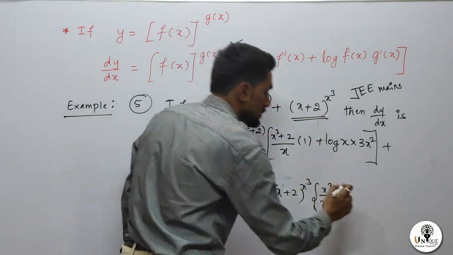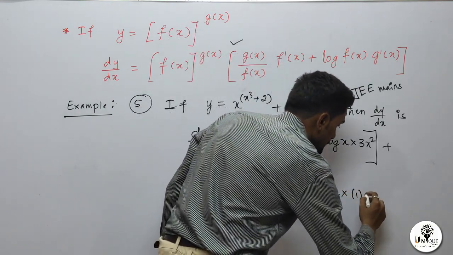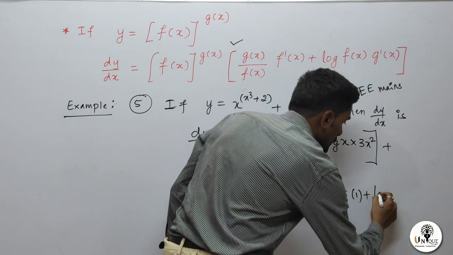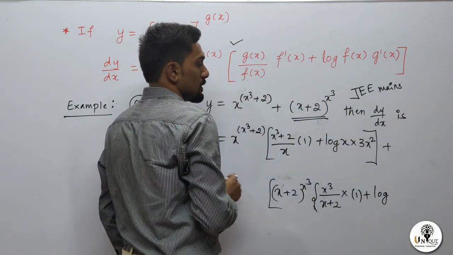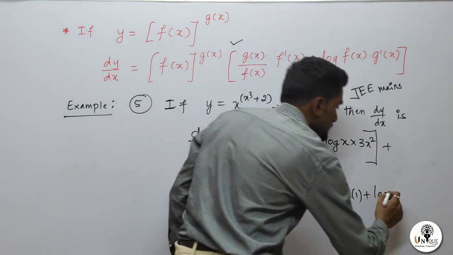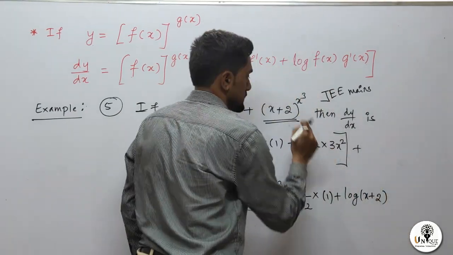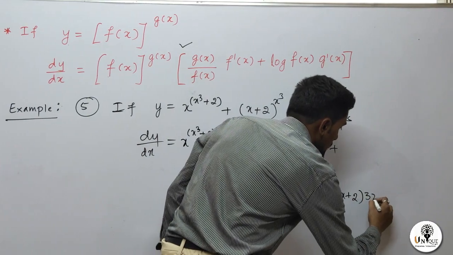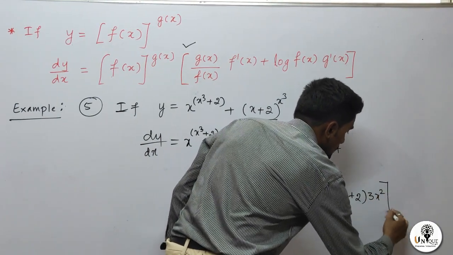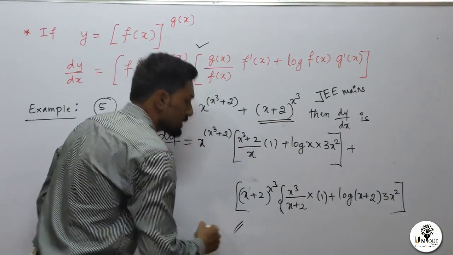F dash of x is 1 again, plus log of f of x, log of x plus 2, into g dash of x, that is 3x square. This is the final answer you are going to get.